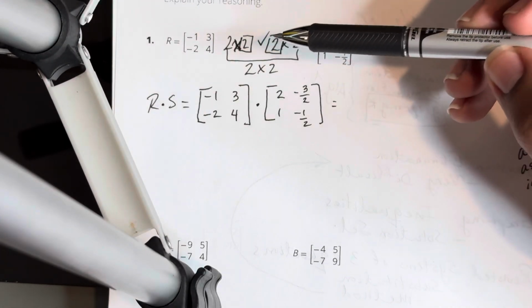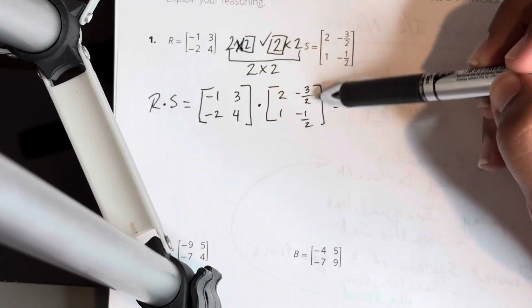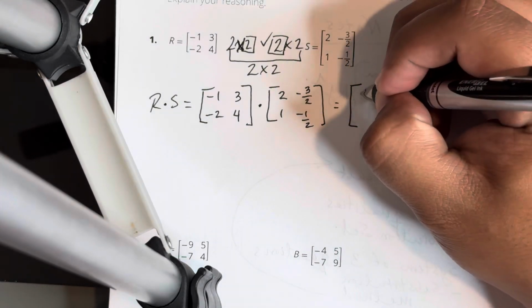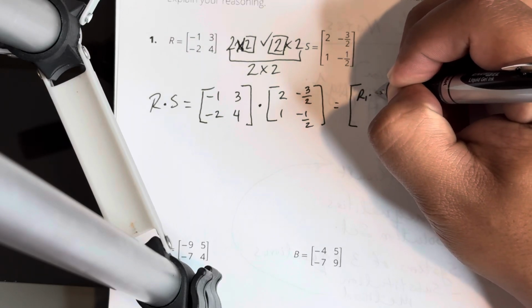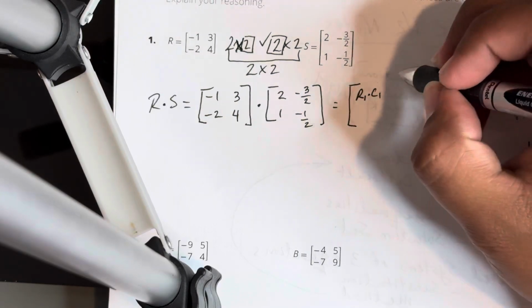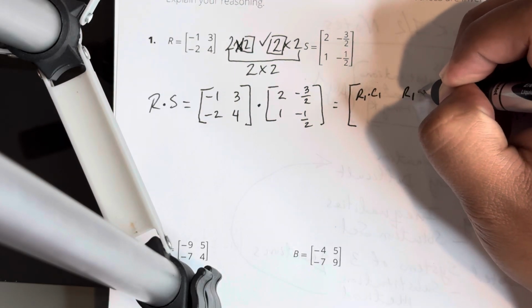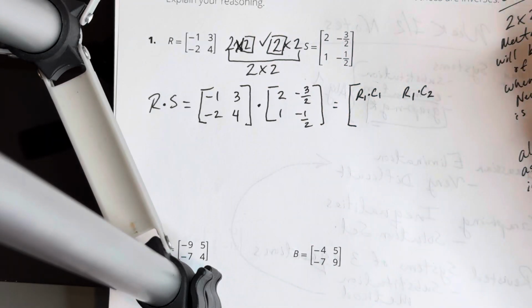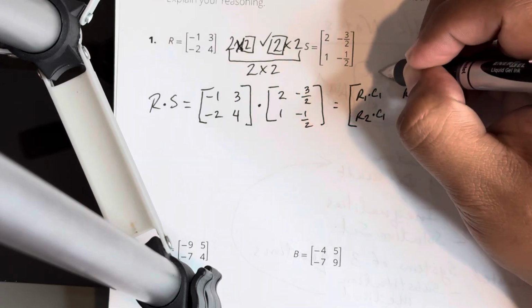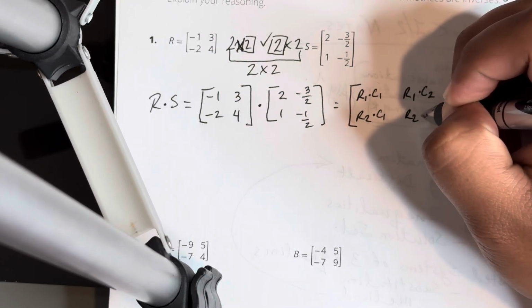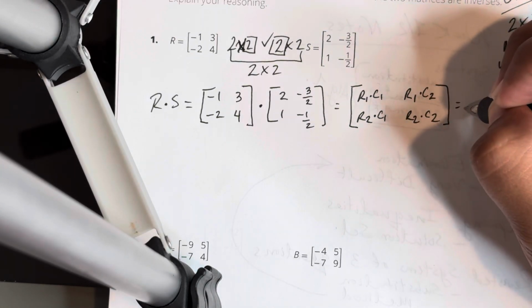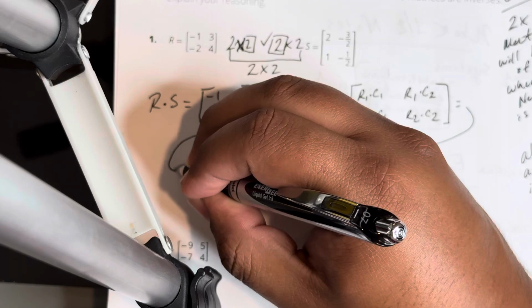Don't forget, we're doing rows times columns. For example, row 1 times column 1 for the first value. Row 1 times column 2. Row 2 times column 1, because we're still in the first column. And then row 2 times column 2. And then I'm going to rewrite it all the way over here.